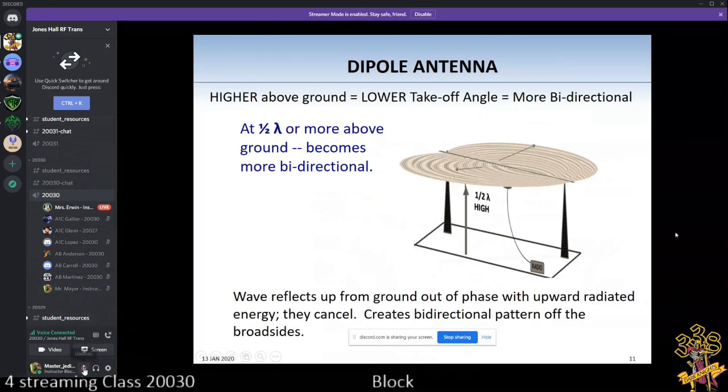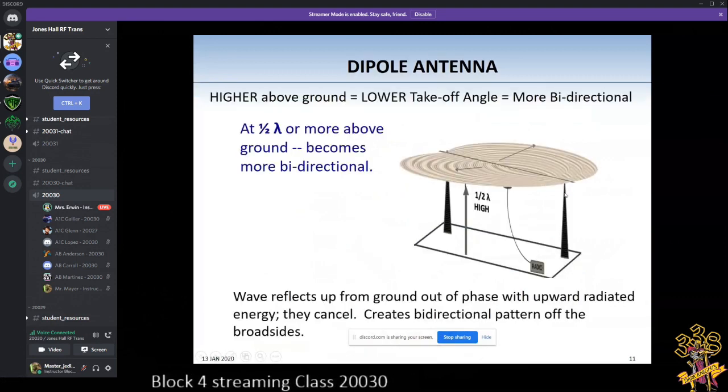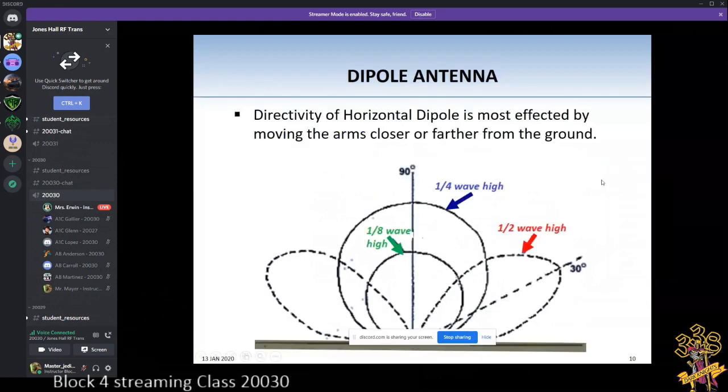Now, if you're a half wave above the ground, you would have this pattern of transmission, bidirectional. Now, if you bring that closer to the ground, if I was to drop it down where it was only a quarter wave above the ground, it would become more omnidirectional. The pattern would be more like this.